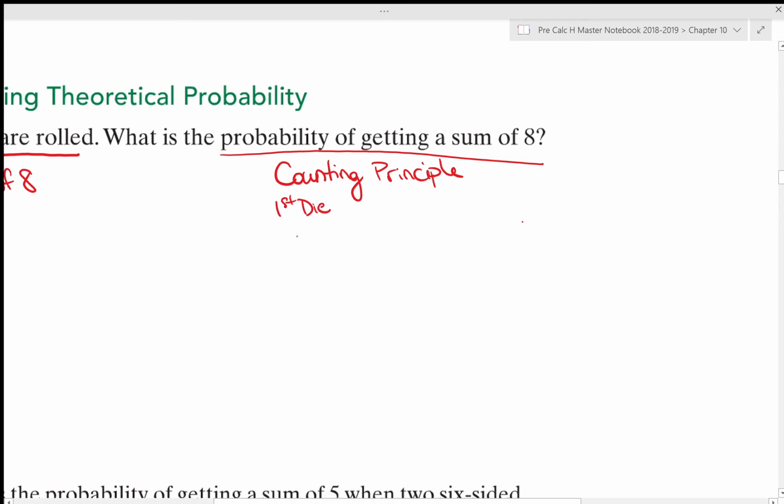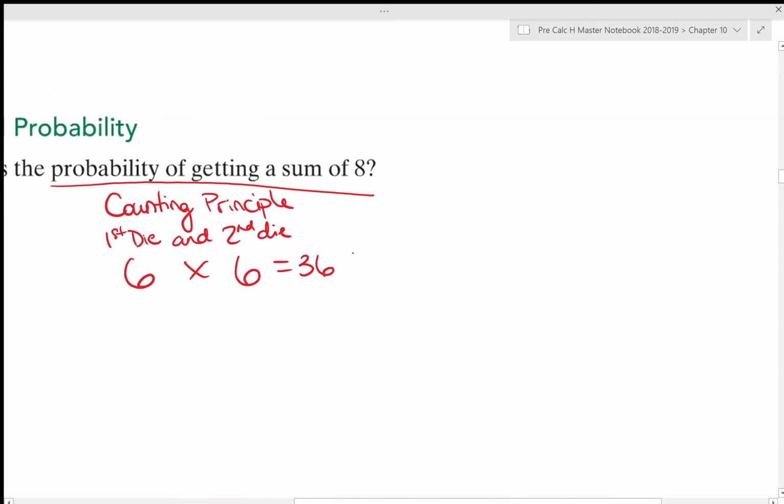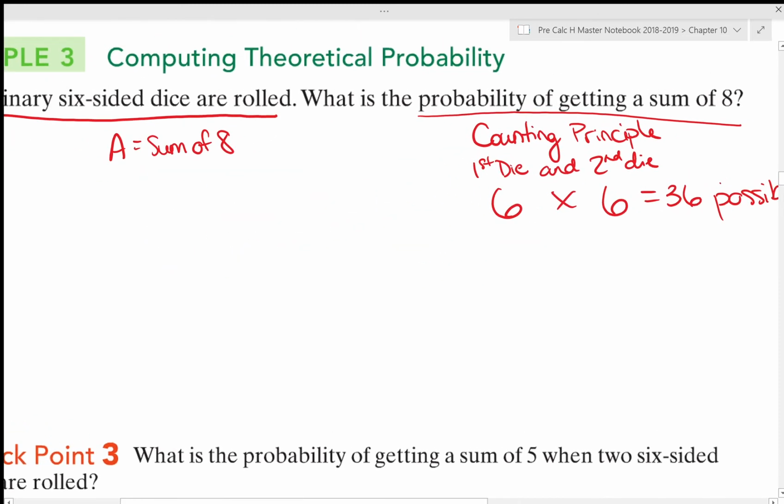How many outcomes? 6. And then the second die, there are 6 outcomes. So we multiply, and we have 36 possible outcomes when we roll 2 dice. So that's going to be our denominator when we find the probability of A.